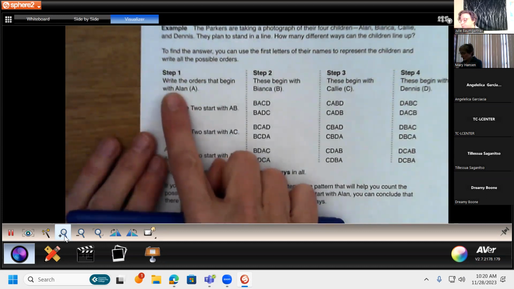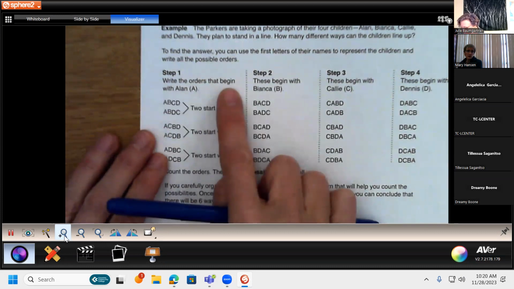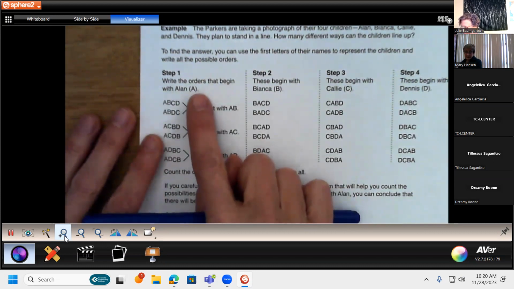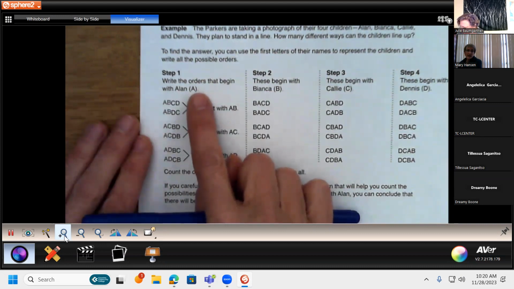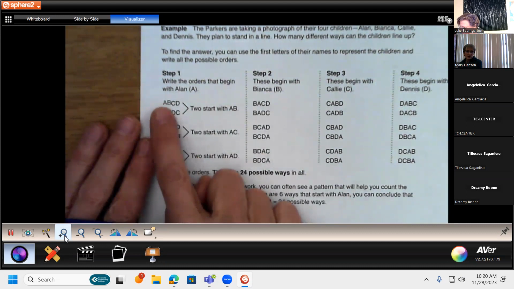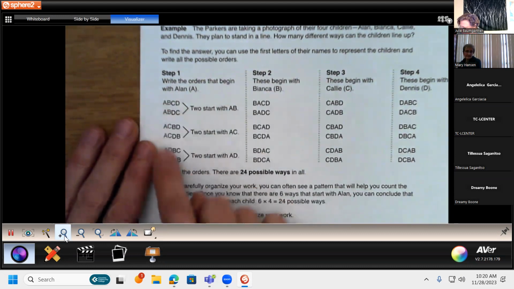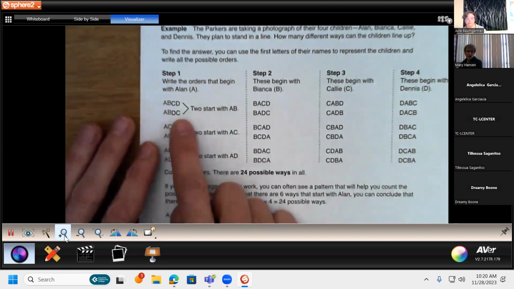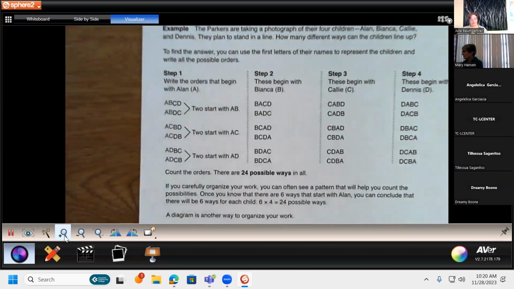They're going to say, well, let's just write all the orders of the kids where Alan, signified by the letter A, stands at the left-hand side of the line. Okay. So you can have A, B, C, D, or you can have A, B, D, C. And those are the only 2 choices where A, B are the first 2 kids.